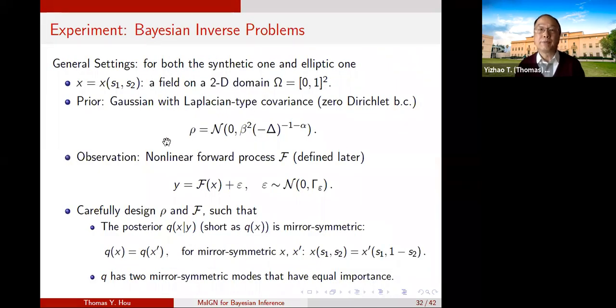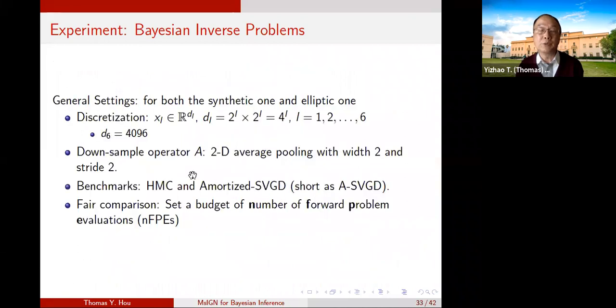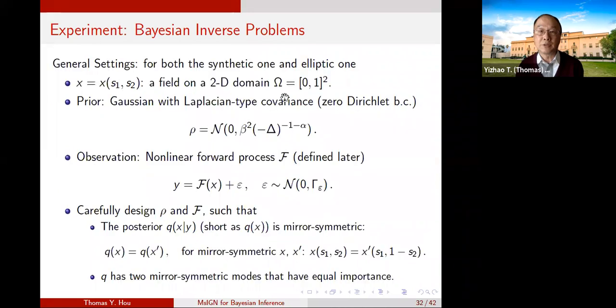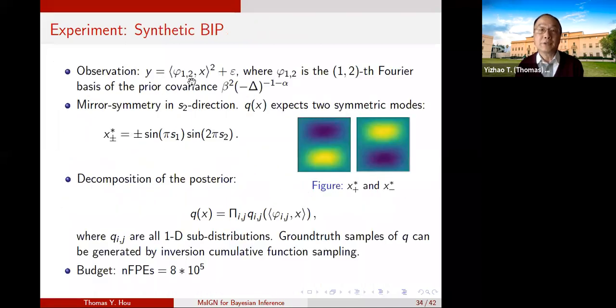The second example is a toy example where we constructed the target distribution from two Gaussians with mirror symmetry. So we know there are exactly two modes. The prior distribution is given by this, and then you use some measurements. This is how we generate the measurements: we project onto the first and second Fourier basis of this covariance.